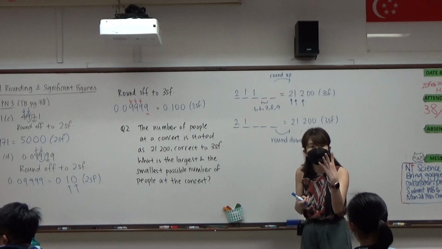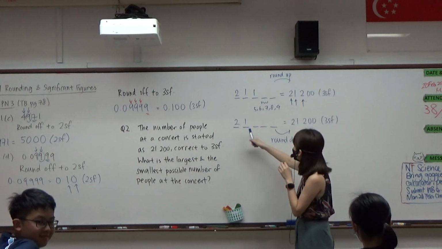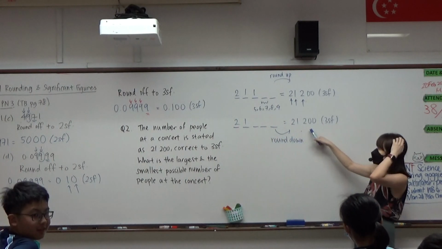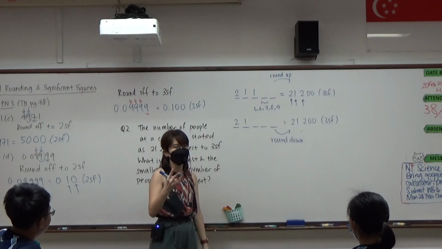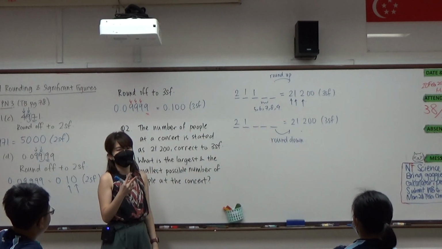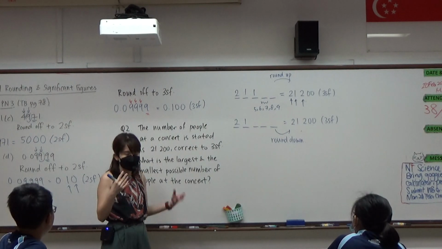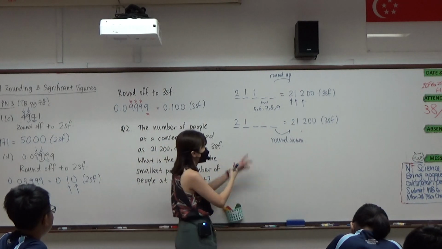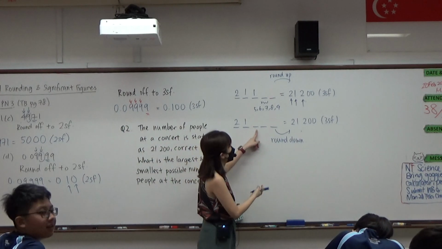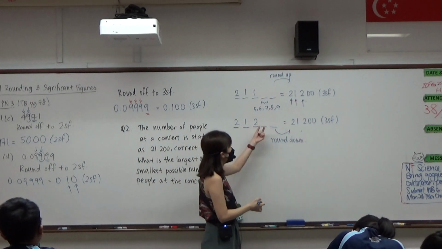You say 4? It's 21,000 something, then after that we get 21,200. This digit must be what? 2. Why? Because Faith told you the answer. And because you are so engrossed in talking to Trina. Next time pay attention, okay? So over here should actually be a 2, because you're looking at rounding down.